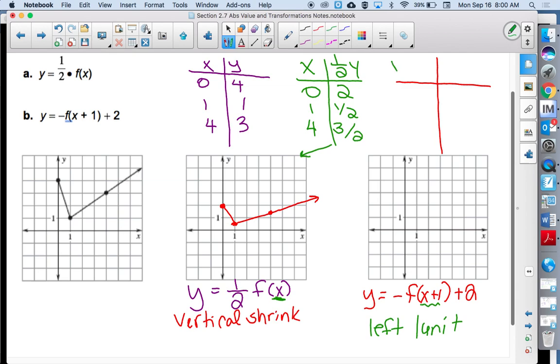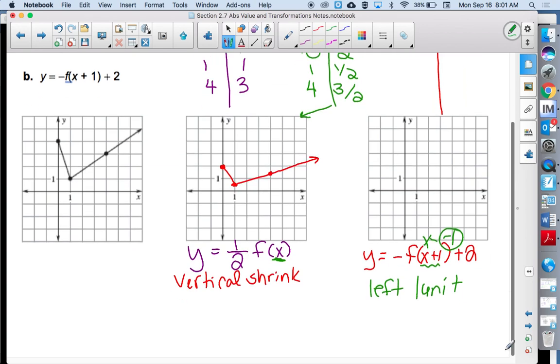Subtracting 1. So up in my t-chart, I'm going to write x minus 1 so that I know what I'm doing with x. So even though there's a plus 1 inside there, that's really x minus a negative 1. And that negative 1 tells us the graph needs to shift left. To get my x to do that, I'm going to subtract a value from my x.